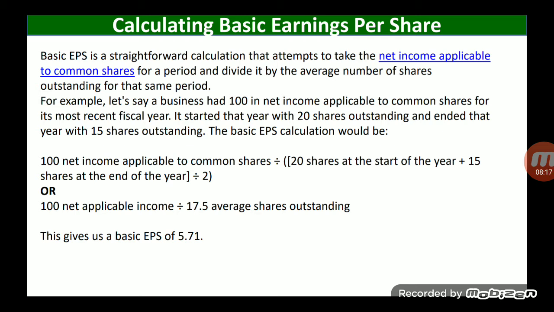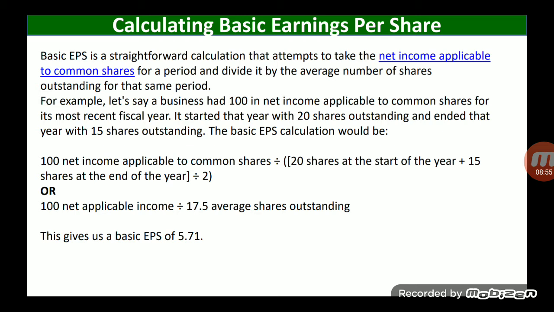The basic EPS calculation would be: if the company has 100 rupees income and it has 20 shares first, and at the end of the year 15 more shares are added to those 20 shares, then we have to take the average of those shares. So the formula is 100 rupees net income applicable to the common shares divided by 20 shares at the start of the year plus 15 shares at the end of the year, divided by 2.